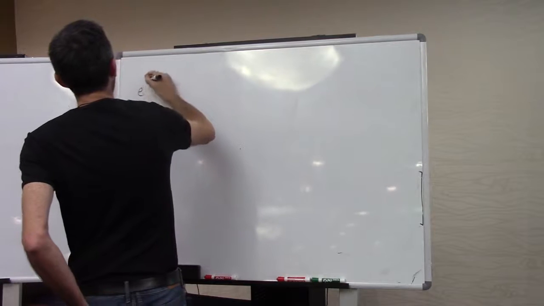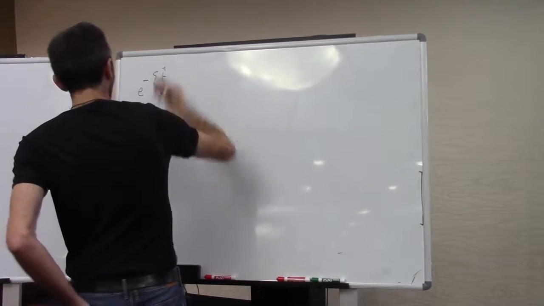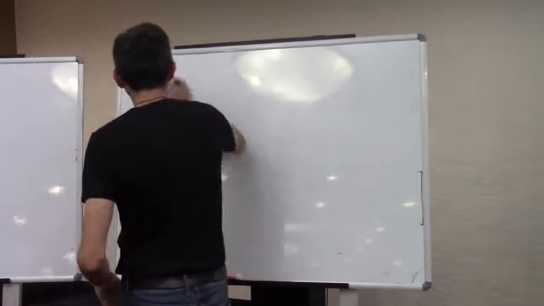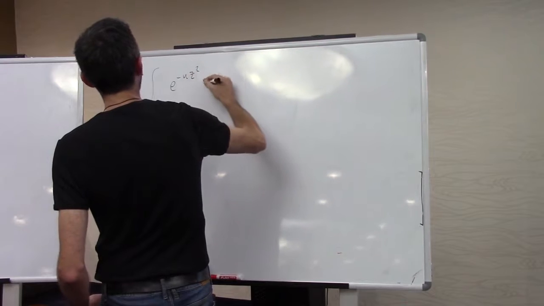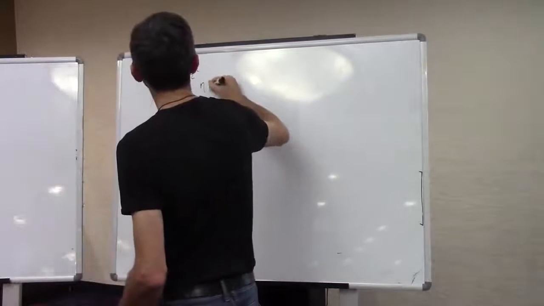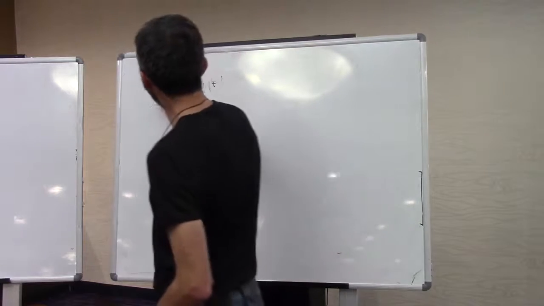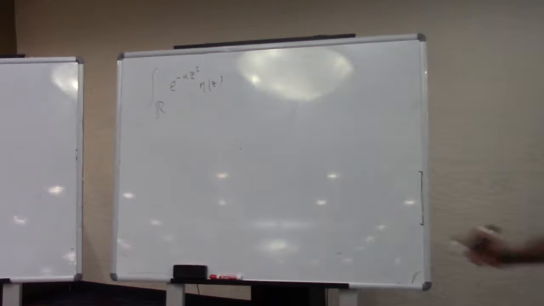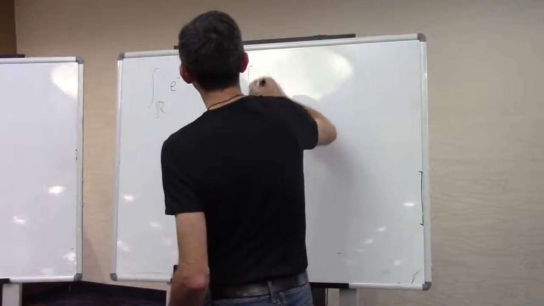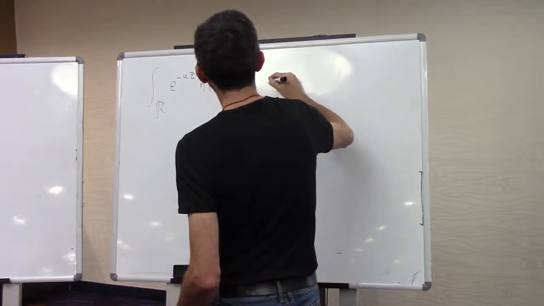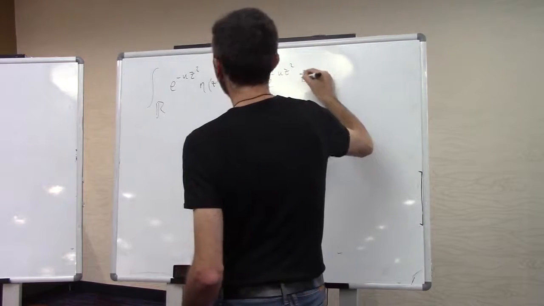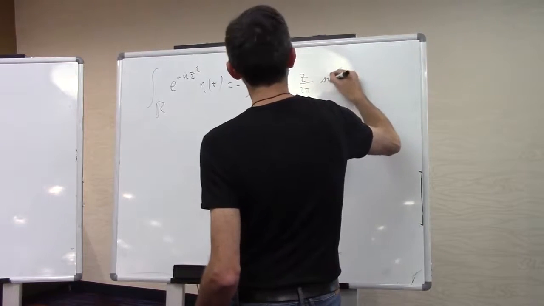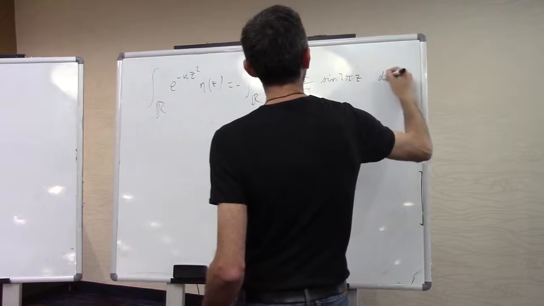So we have exponential minus sum of t hat k. Sorry. Let me start by doing the Laplace transform. So the integral of exponential minus u z squared times this eta of z, and we shall integrate on the real axis. Okay. What is it? So we have the integral on the real axis of exponential minus u z squared times minus z over 2 pi sine 2 pi z dz.